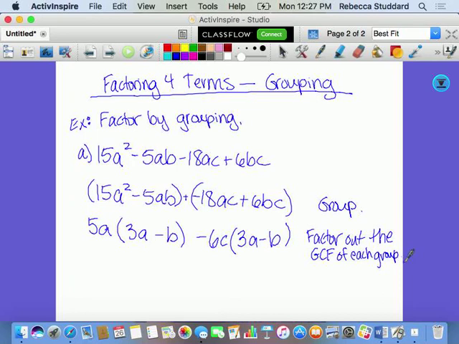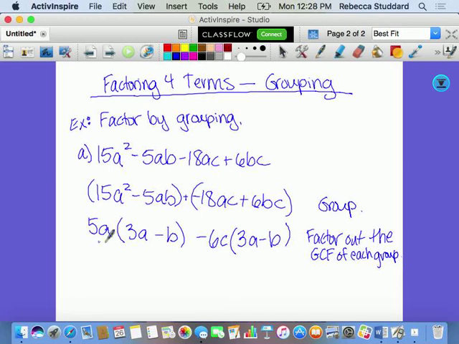So, we set them up into 2 groups so that each group had a GCF. We factored out the GCF of each group, and look what we found. A new GCF. Okay?